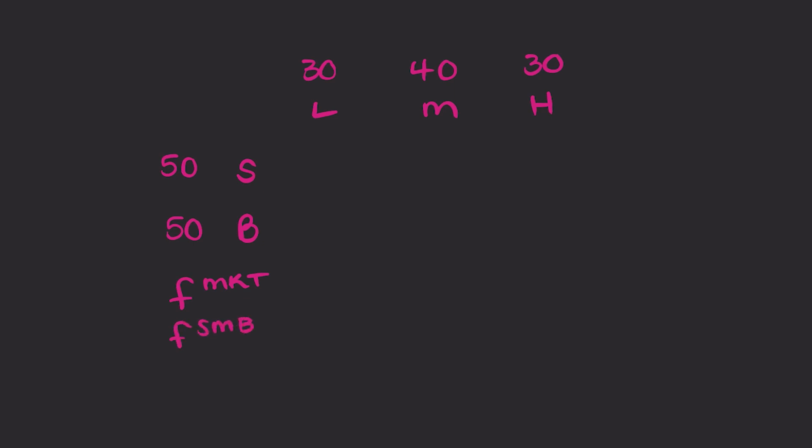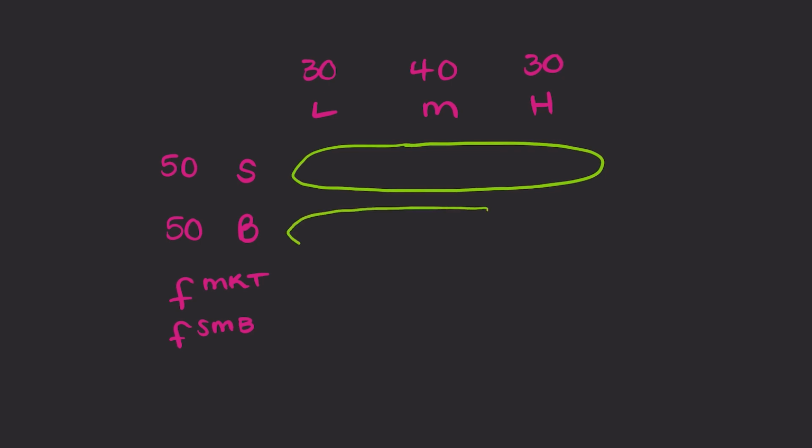To measure the excess return to small stocks, we're going to take the excess returns for the stocks in the top row over the stocks in the bottom row.